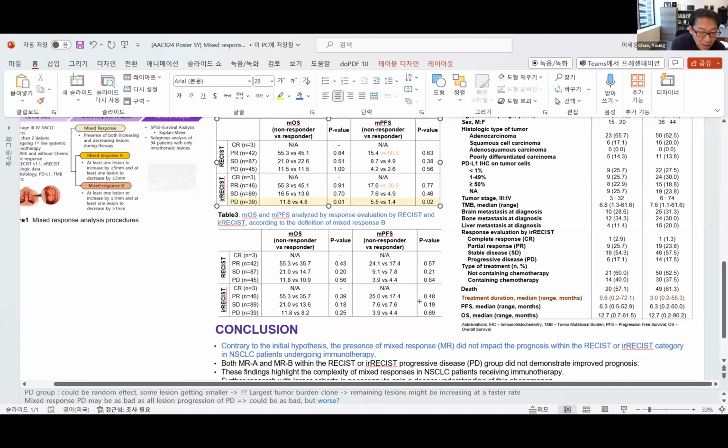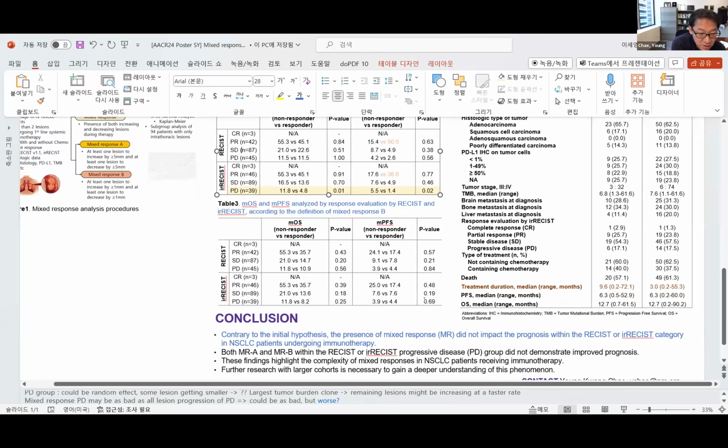Oh, and something that I would also do is for table 2 and 3, I would combine CR and PR. So it's CR/PR and just add those 3 patients.